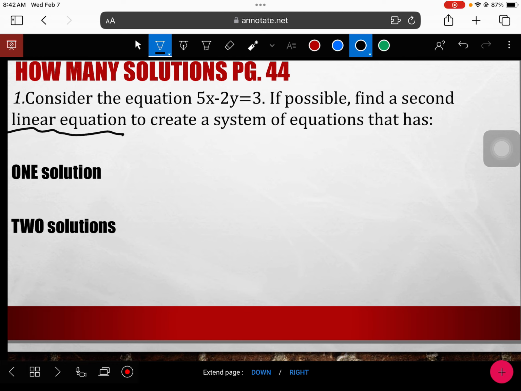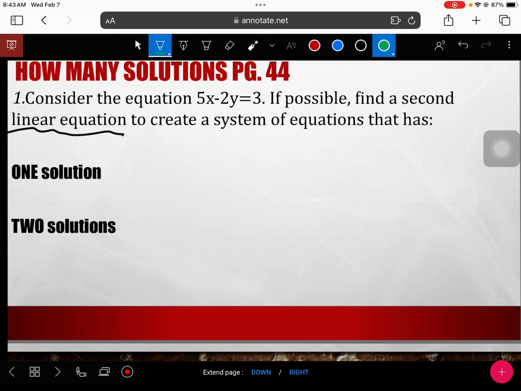So when you have two lines, how many different ways can we have solutions? If you have two lines in a plane, how many possible solutions could we have, depending upon how the lines are graphed?